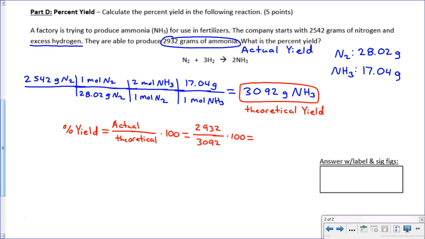And we end up with 94.83%. I will note that this was given to 4 significant figures in our percent because all of the calculations in this problem had 4 sig figs.